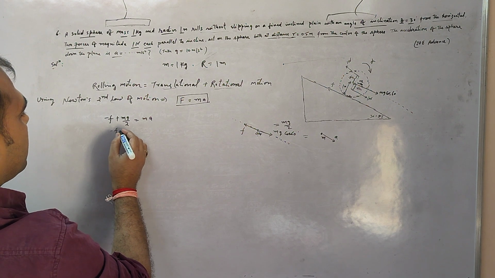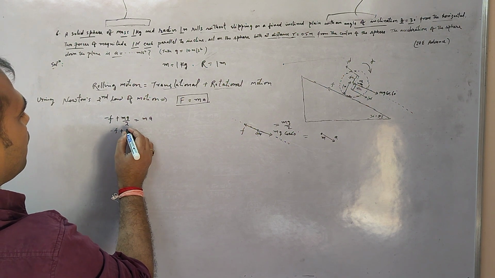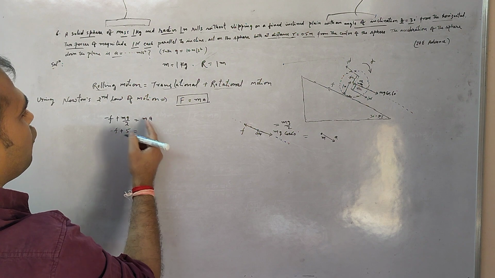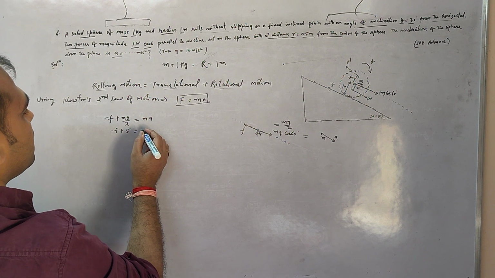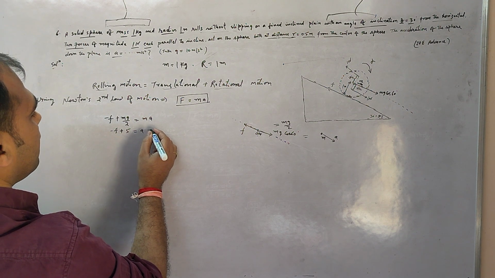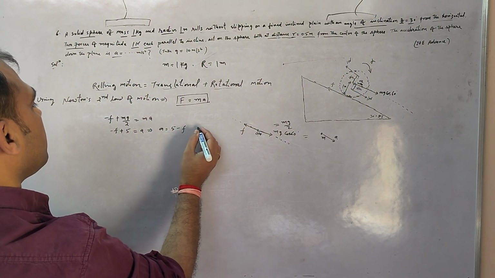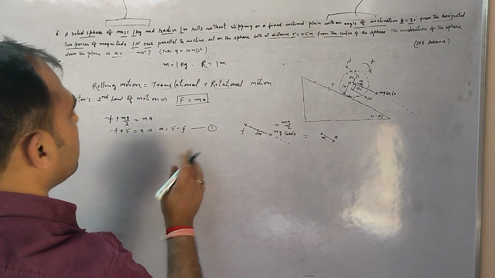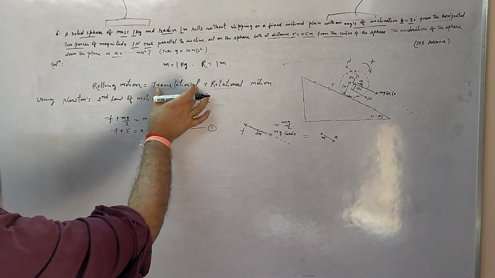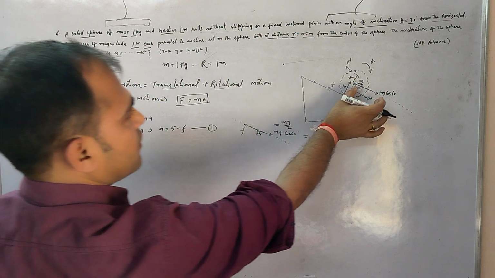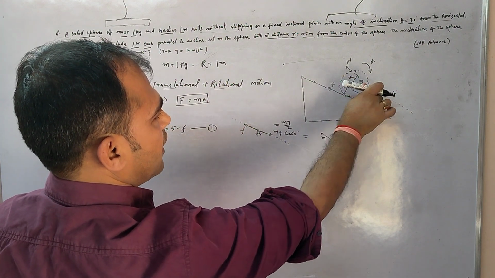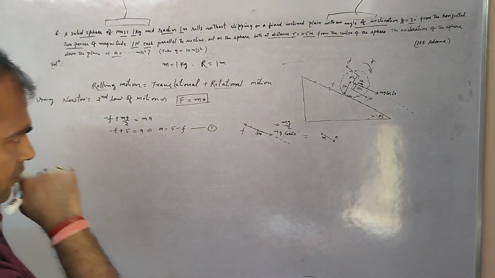So this will be minus f plus 10 by 2, that is 5, equal to m times A with m as 1. So A is equal to 5 minus f. We find the first equation from this translational motion of the center of mass, that is a straight line motion.